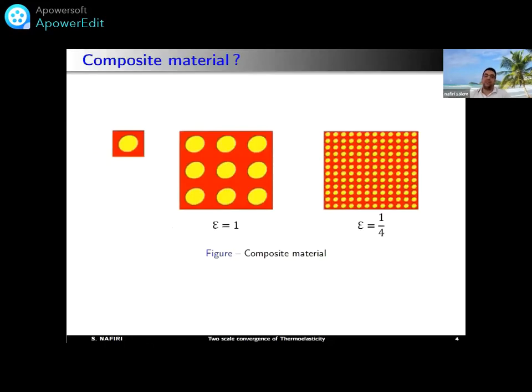Okay, so let's start with a motivation. This is a picture of what we call a composite material. So what is a composite material? Let's take an example. Imagine that you want to make an object from a pure material. For example, let's consider 24-karat gold.